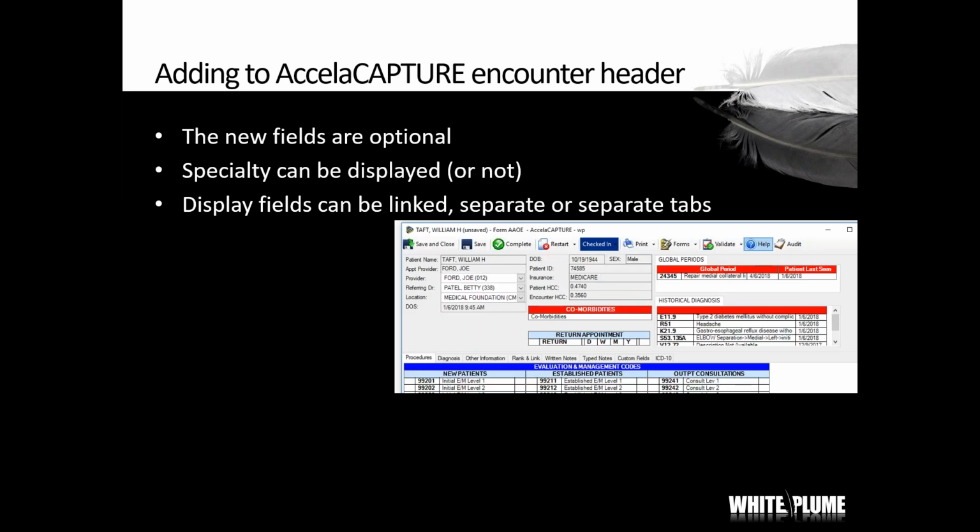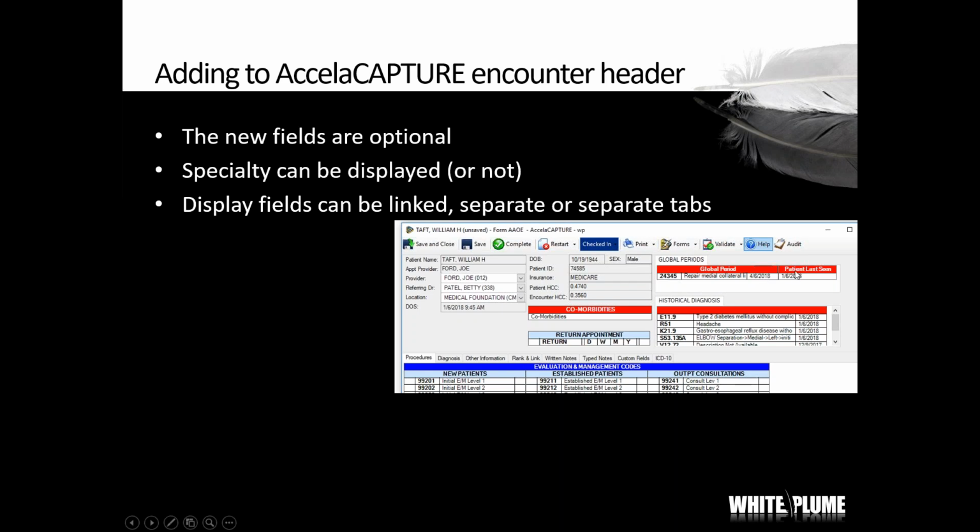Okay, so this first one that I want to point out, if you notice in the header, I'm going to use my mouse over here. We've got the global periods information displaying in the forms header. This looks very similar to your historical diagnosis section that many of our clients have been using. But these are in two separate tabs, and you'll notice you've got the CPT code, description, and then the date of expiration for that global period.